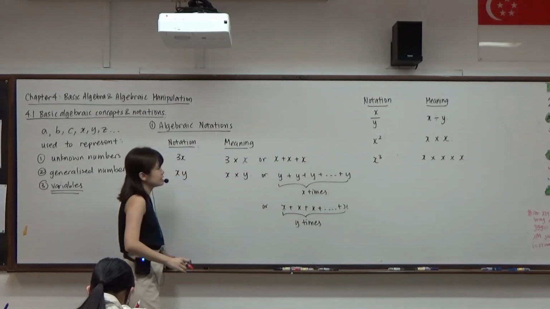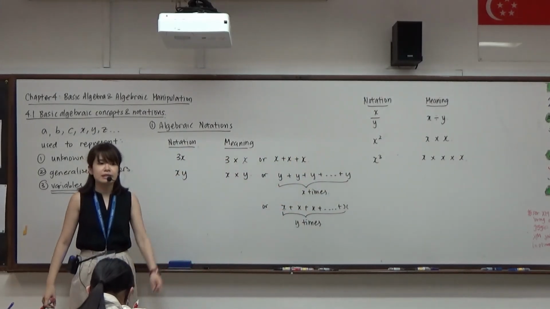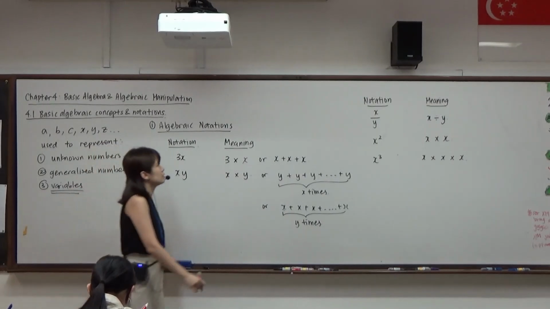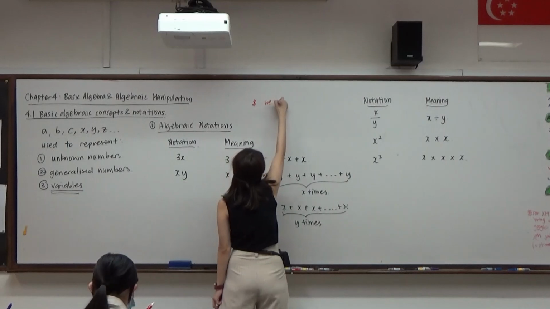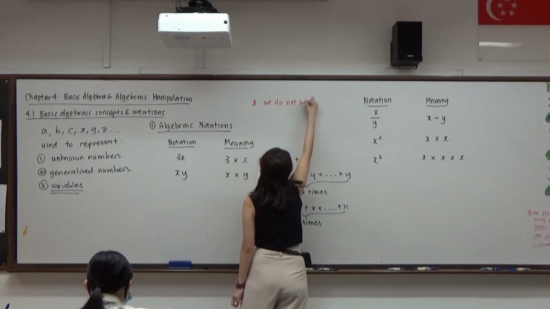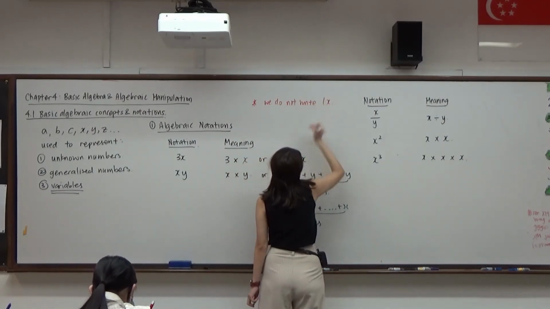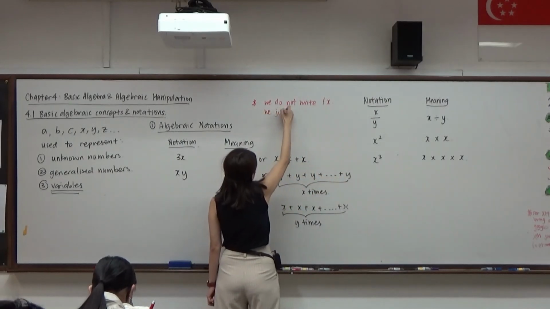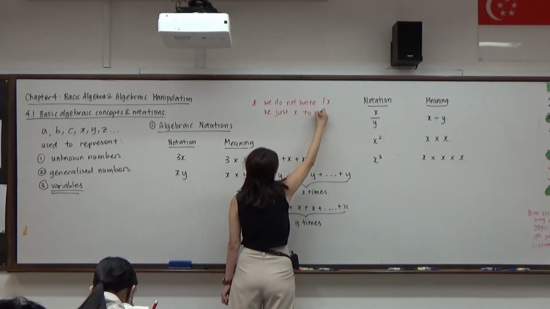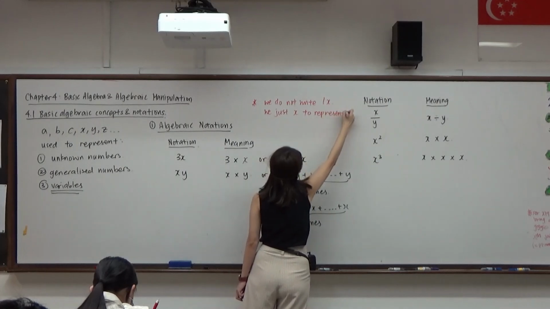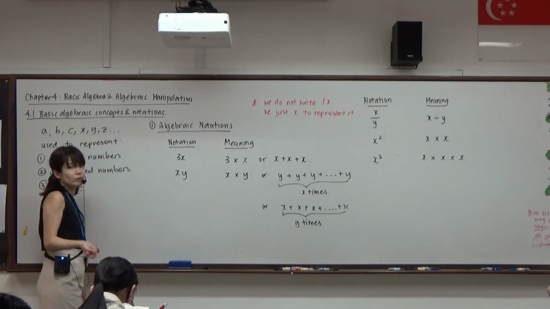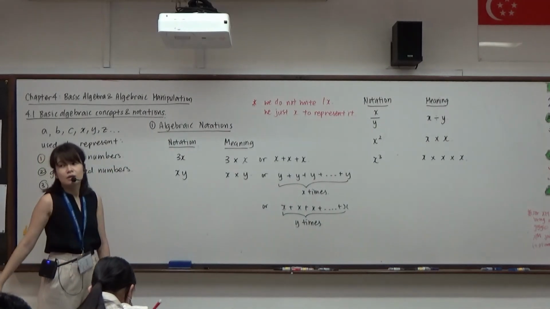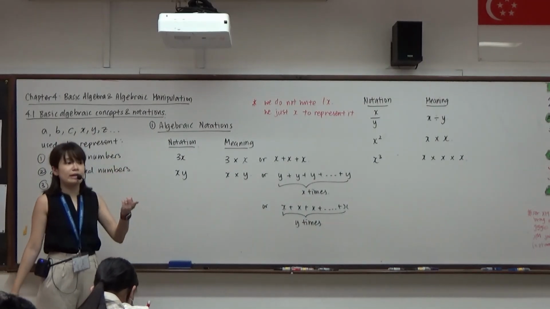Another important thing is that if I really want to say 1x only, this is one very important one. We do not write 1x. We just write x to represent that. So writing x alone without the 1 in front of it will tell us that there is only 1x.